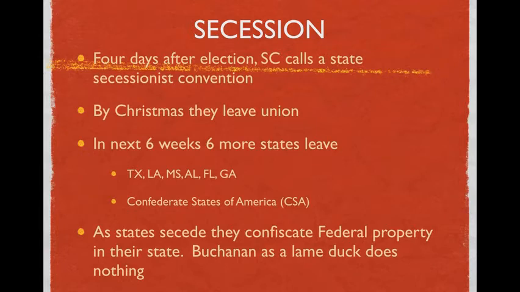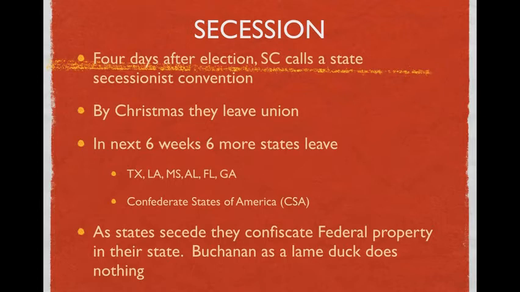As they leave the Union and form their own country, they confiscate anything that used to belong to the federal government within their state borders. Any federal property: ships, money, supplies, weapons, armories, and also forts. Again, Buchanan does nothing.